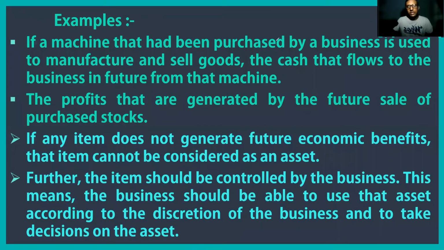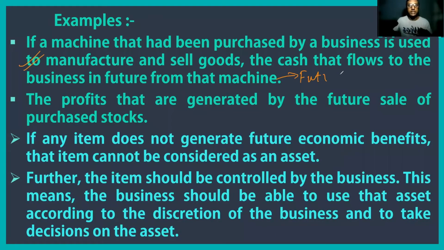If a machine that had been purchased by a business is used to manufacture and sell goods, the cash that flows to the business in future from that machine, yes, future economic benefits, right? So any type of asset can generate future economic benefits to the business.